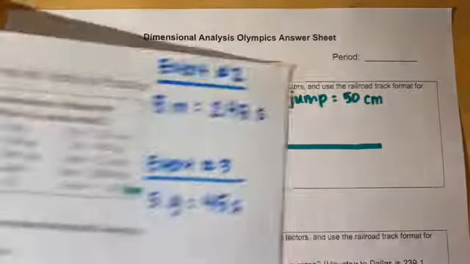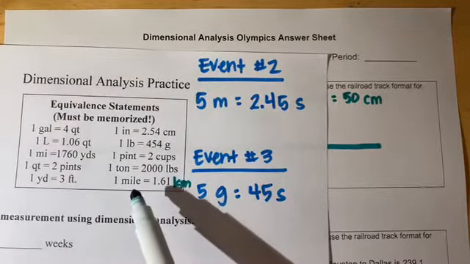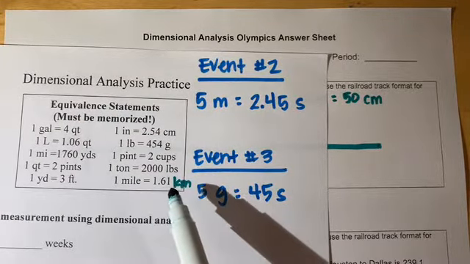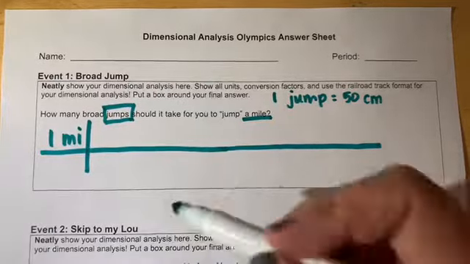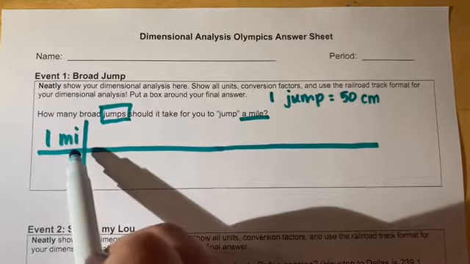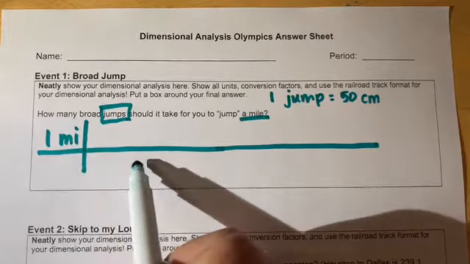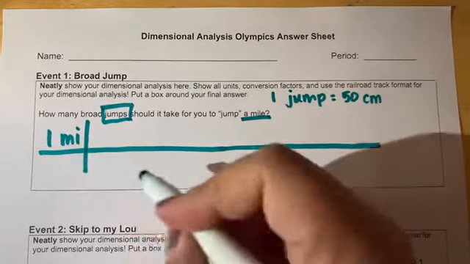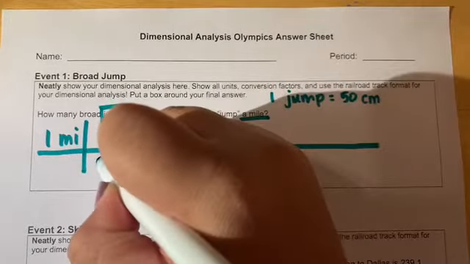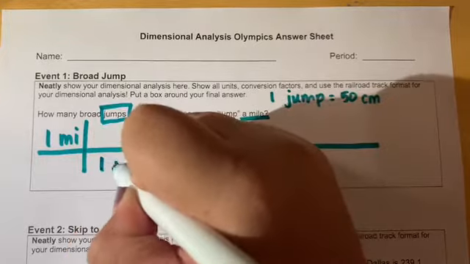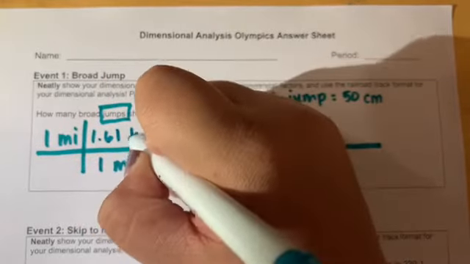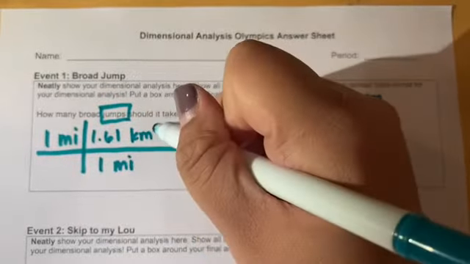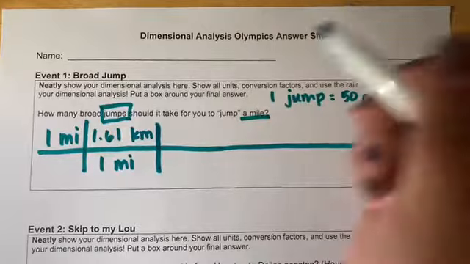So we're going to use this equivalency. Remember to copy and paste down and across that same unit that you had as your given, so we can cancel that out. So 1 mile is equal to 1.61 kilometers.